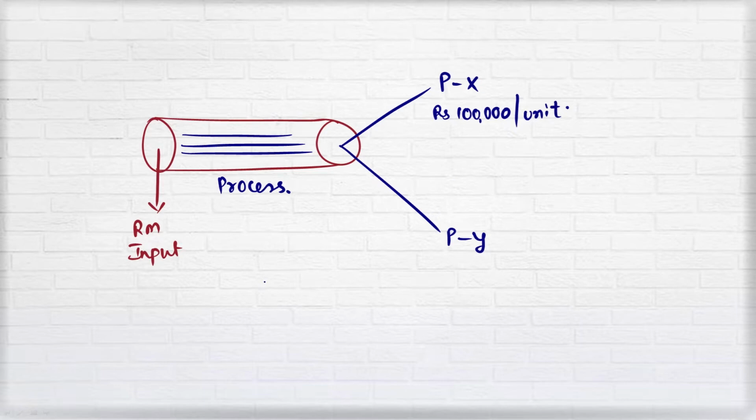It is very valuable. And the market value of product Y is rupees 10 per unit. How many products are manufactured? 100 units of X and 100 units of Y.